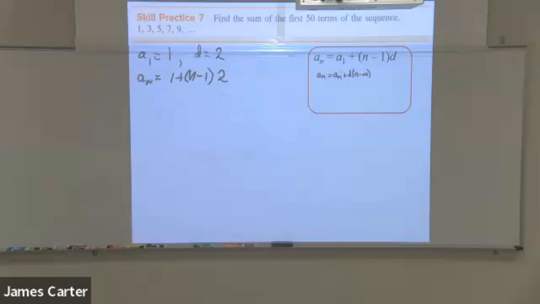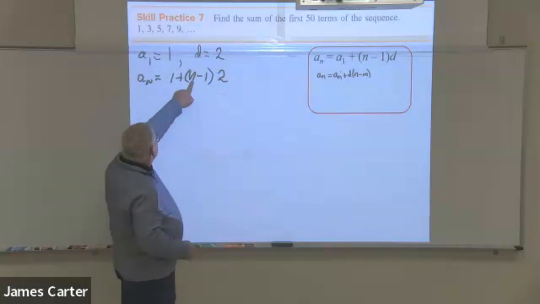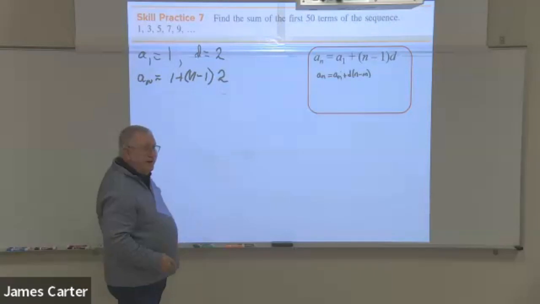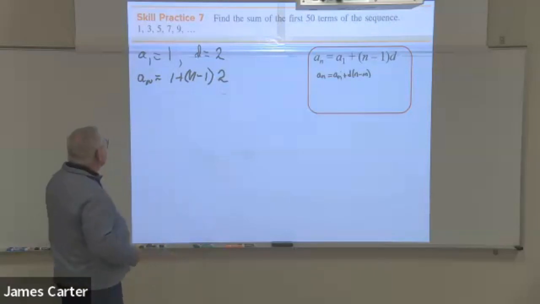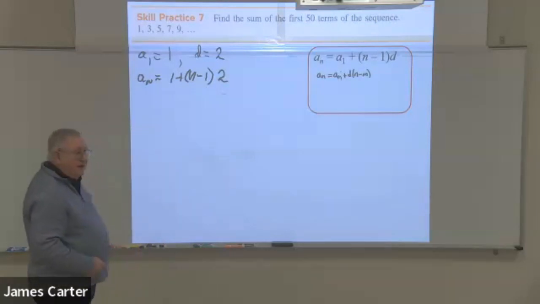A sub n, we would solve just like we did in the last problem. We write the formula, and for some reason I wrote my n backwards. I guess I'm dyslexic today.